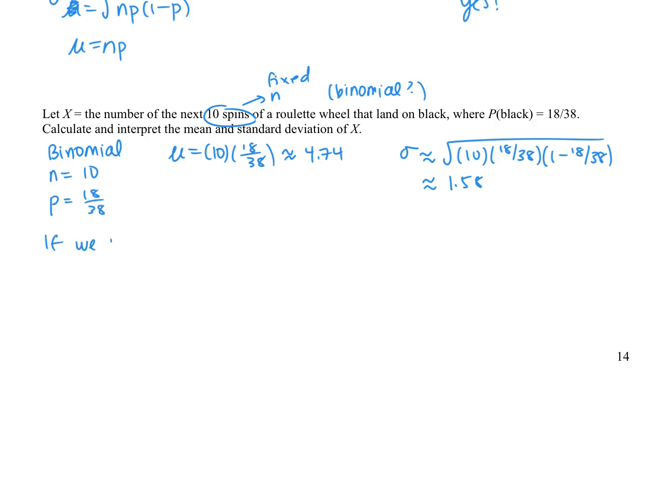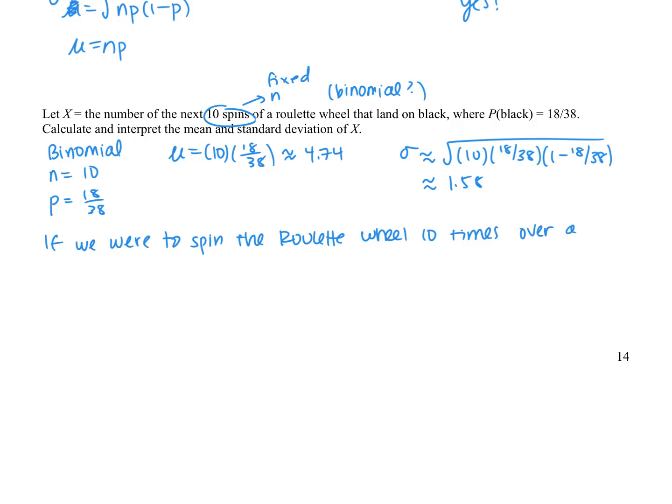If we were to spin the roulette wheel 10 times, I was going to say many times, but that doesn't sound right. You people that are good at English, what sounds better? Over and over? Love that. Thank you.